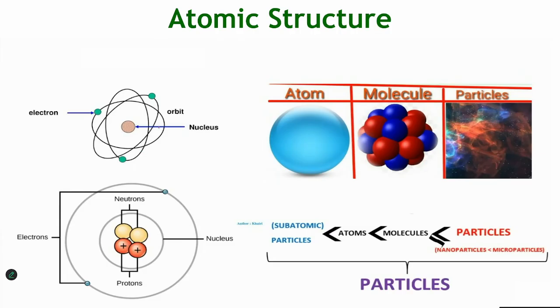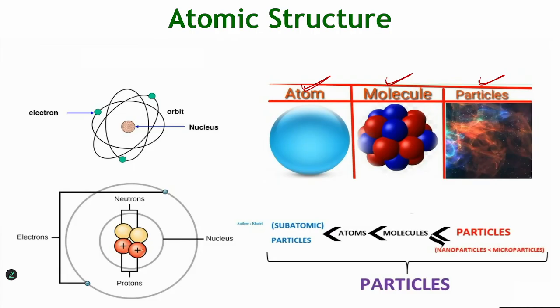Any matter is made up of atoms, a molecule is made up of atoms, and matter is made up of molecules. The central part is the nucleus, and there are orbits around the nucleus in which electrons flow.